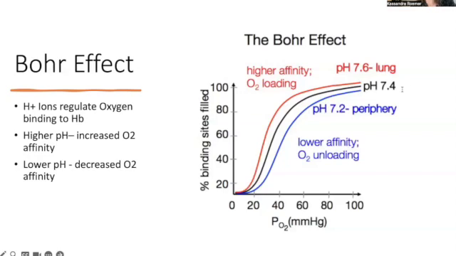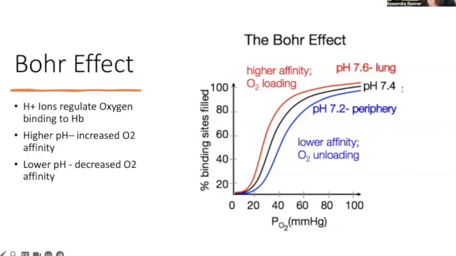Because we want to oxygenate our tissues, we need to have a decreased affinity in our tissues. And the more CO2 we produce from respiration, the higher the H plus concentration, so the lower the pH, and therefore we have decreased O2 affinity. As we travel back to the lungs, we have a higher pH and increased O2 affinity, so we are more likely to take in oxygen.